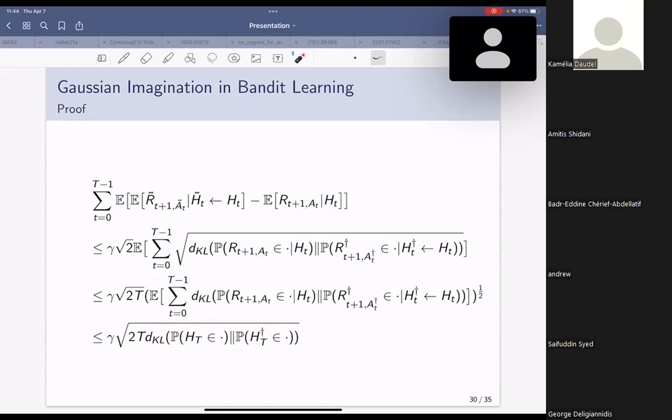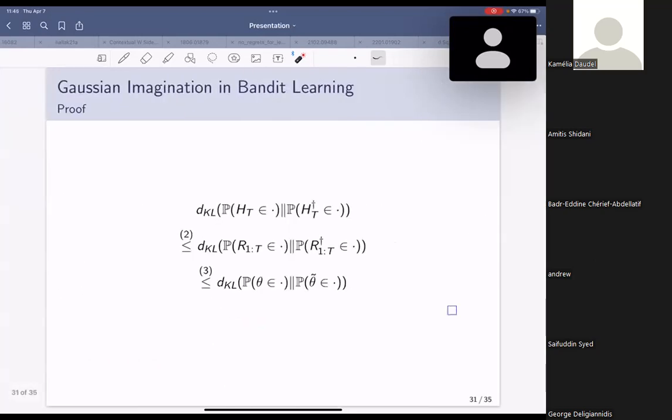And now, as we said, the auxiliary history and the real history are following the same actions. So the actions in the histories don't have any more information than the rewards. So using the data processing inequality, we can just upper bound it by the rewards of the real environment and the auxiliary rewards.